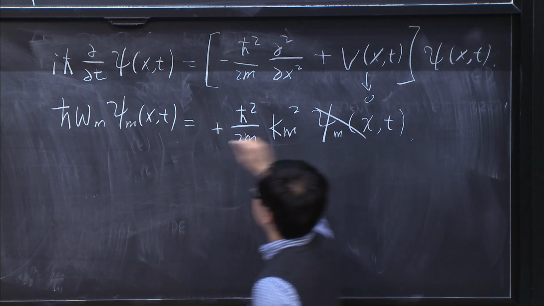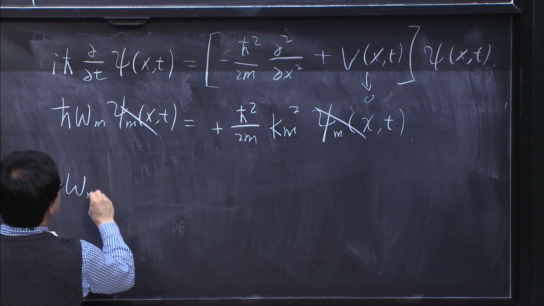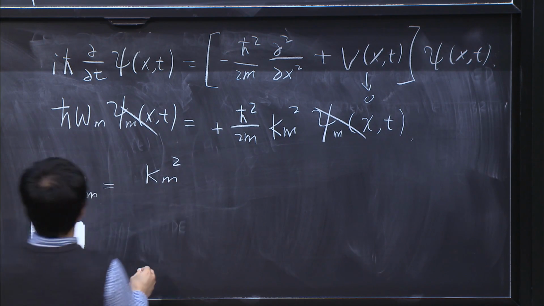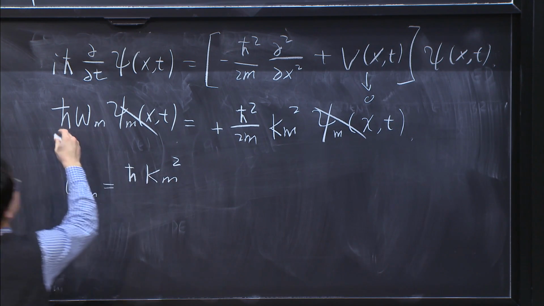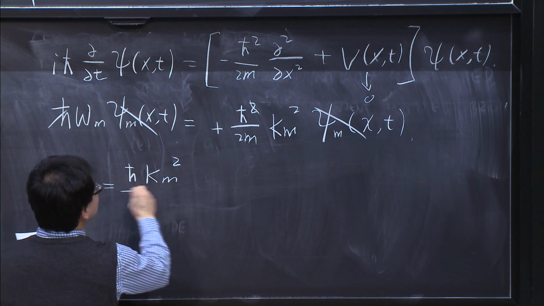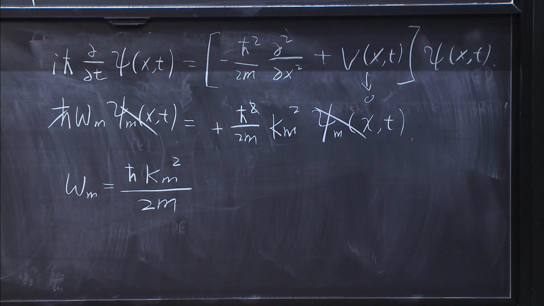I can cancel these two. Then what I'm getting is that omega_n is equal to k_n squared h bar, right? I cancel one of the h bar here, divided by 2m. This is actually the dispersion relation of the wave function.